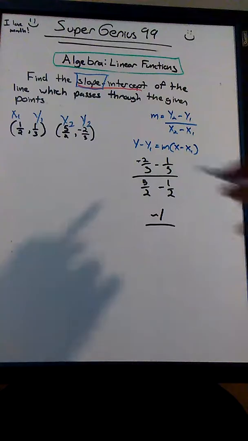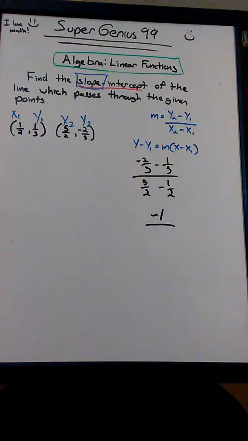What is 5/2 minus 1/2? It's 4 over 2. And 4 over 2 reduces to 2. Of course, some of y'all are going to say, where do you get the 1 and where do you get the 2? 5 over 2 minus 1 over 2 equals 4 over 2, and 4 over 2 reduces to 2.